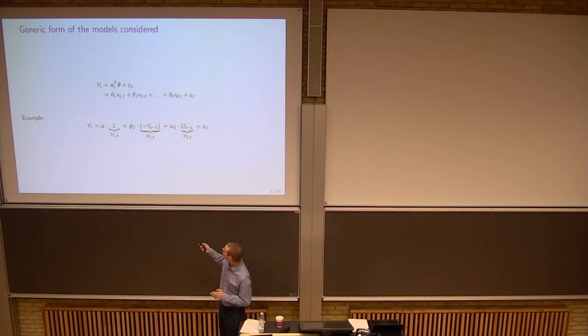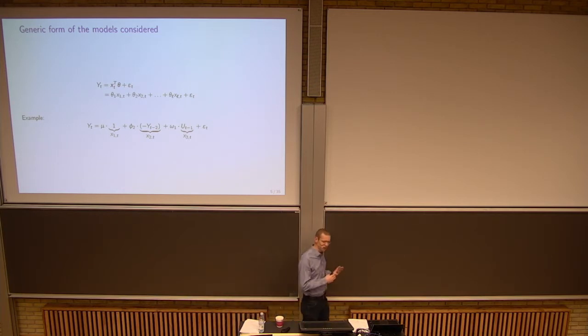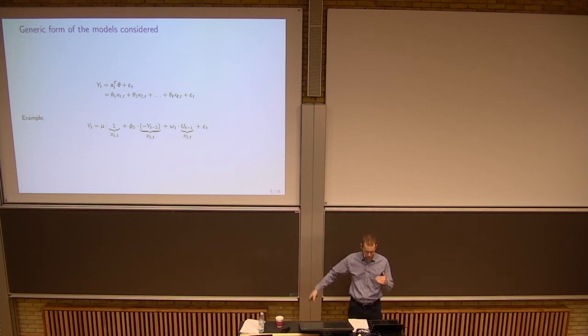We just call all these x's, and then it's an ordinary linear regression problem, where the regressors may be past observations, past input, and so forth. It's all things that are known at the time point where you have the most recent observation.